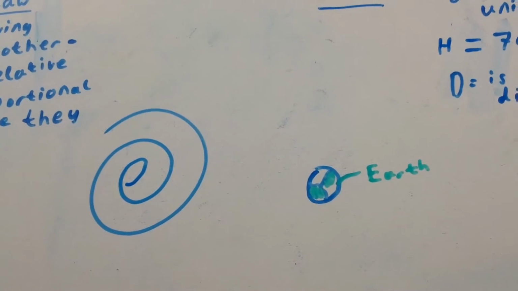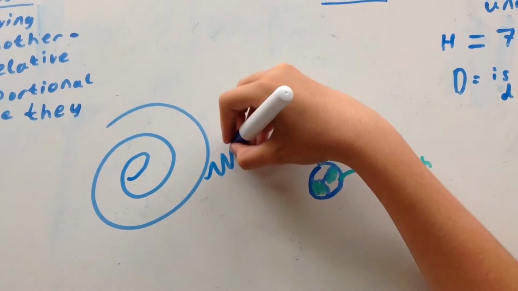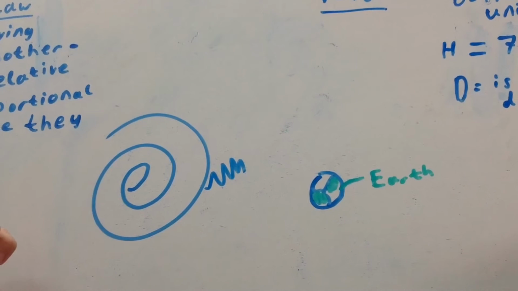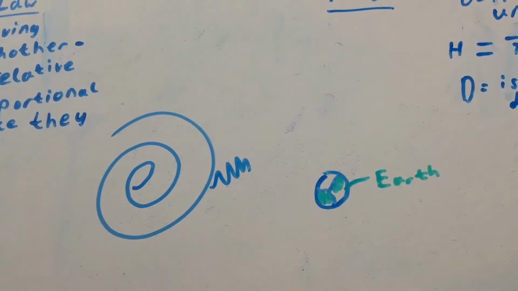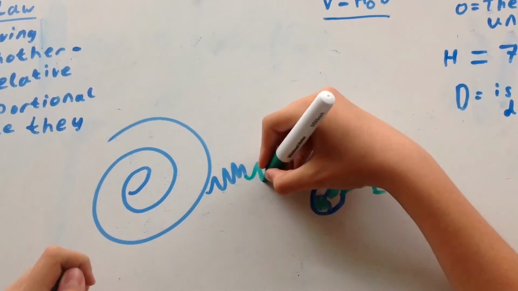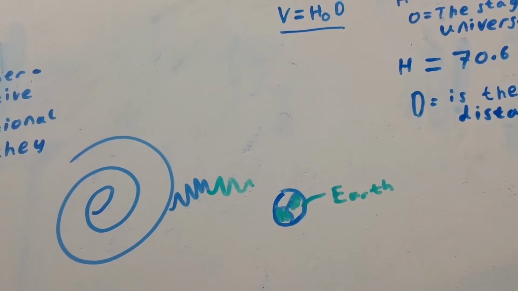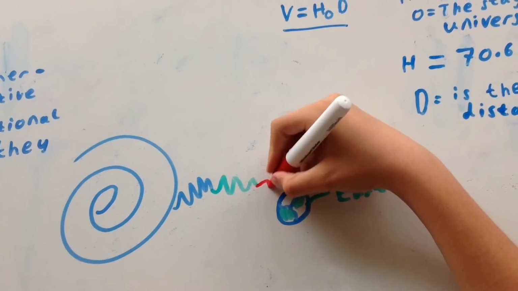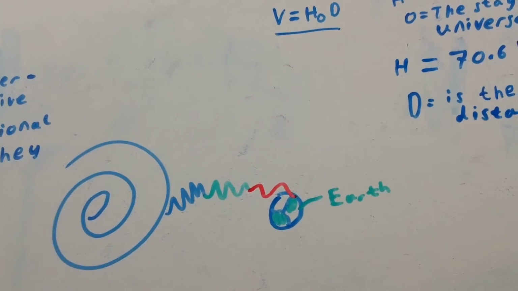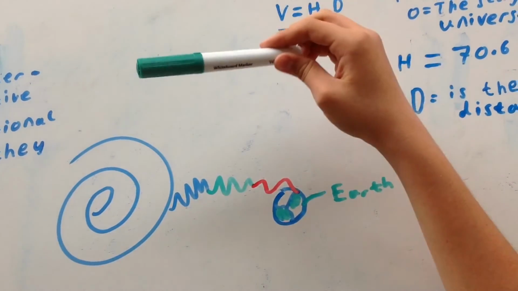He saw that at first when the galaxy was emitting blue light, it was a high frequency and short wavelength, so that would show the color blue. And then it turned green, which is kind of in the middle. And then the final stage, by the time it came to us, it became a very long wavelength and low frequency of the color red. So from our eyes, the galaxy had turned red.